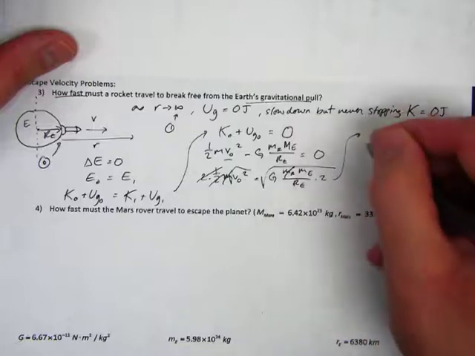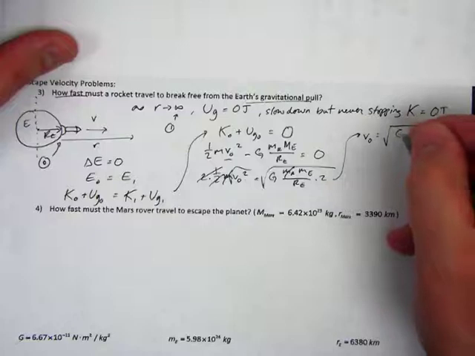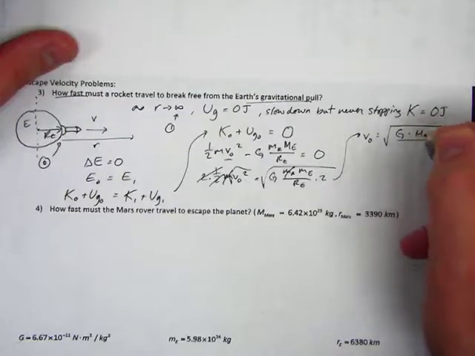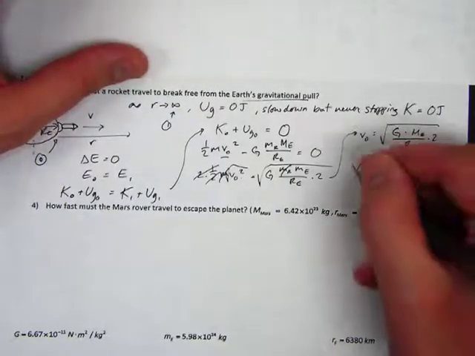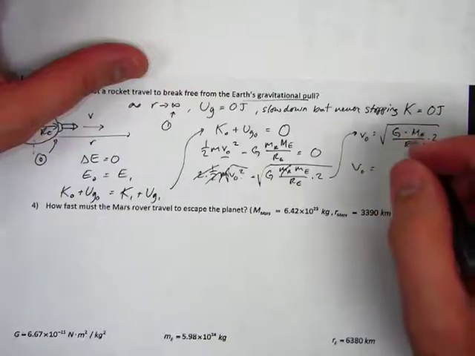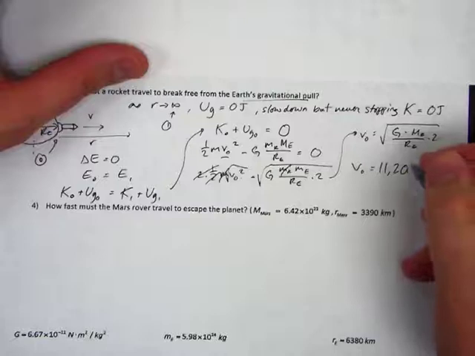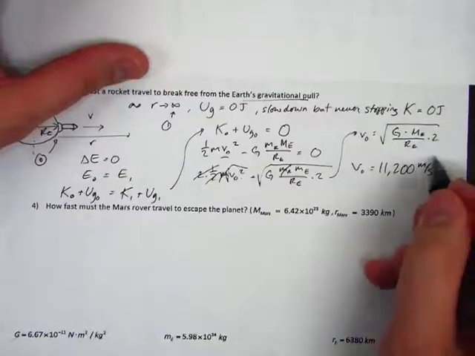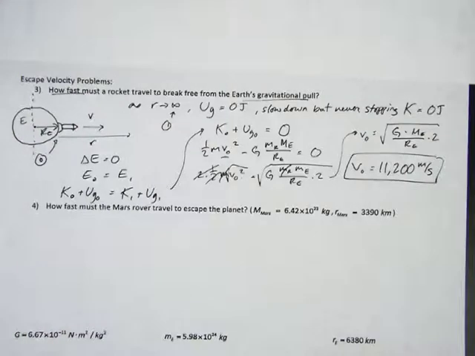So I will get that the escape velocity is equal to the square root of 2 G times the mass of the Earth over the radius of the Earth. So how fast must that be? Well, from the surface of the Earth, I must launch my rocket at 11,200 meters per second, so that that rocket will forever move away from the Earth, but never get pulled back in by Earth's gravity.